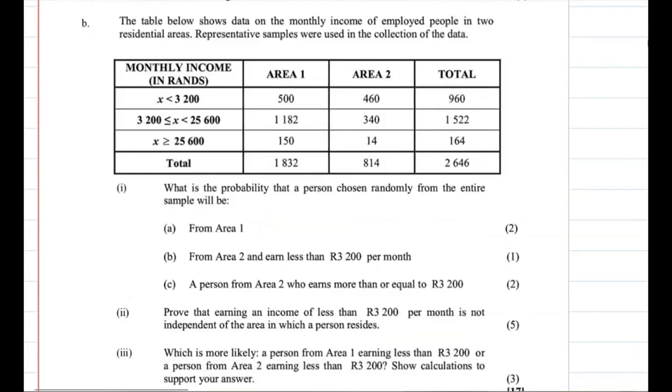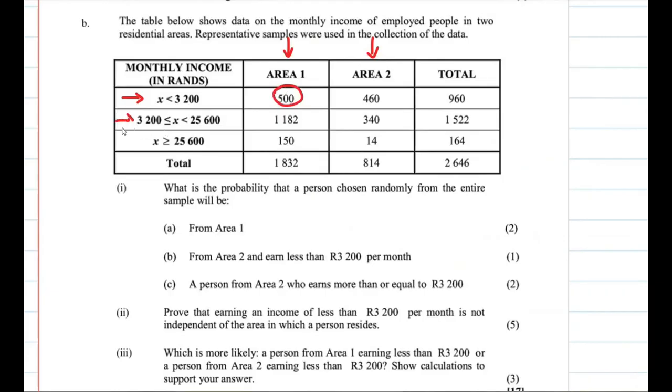Right, they say here, the table below shows data on the monthly income of employed people in 2 residential areas. Representative samples were used in the collection of the data. So we've got area 1 and area 2. In area 1, we have people that have an income less than 3,200. We've got 500 of them.